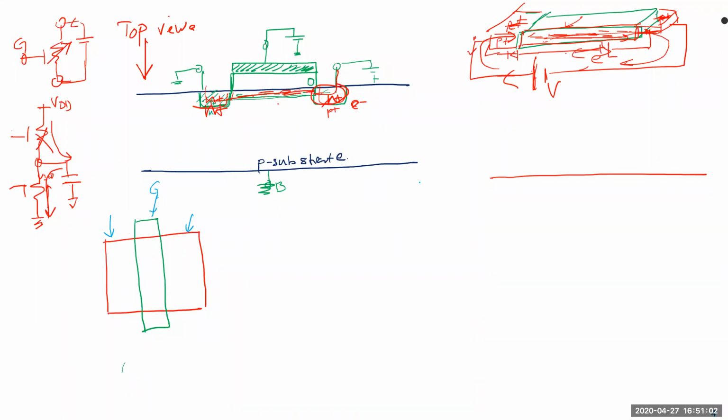The way it's fabricated is you have a P substrate, right? First they take this and find out what that area is. So if I take the cross section of it, I'm basically cutting the top level. It's like taking a pie and cutting it, and now I'm looking at the cross section of the pie, and that's what I'm drawing here.